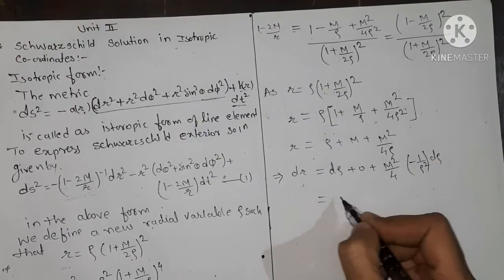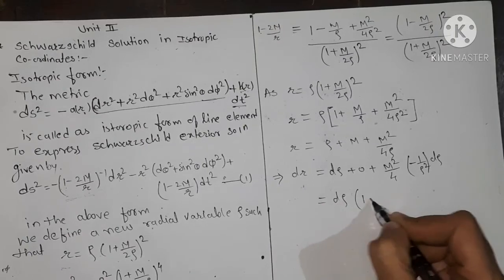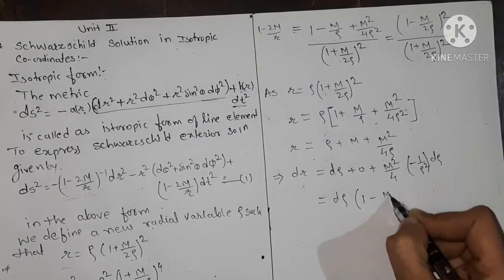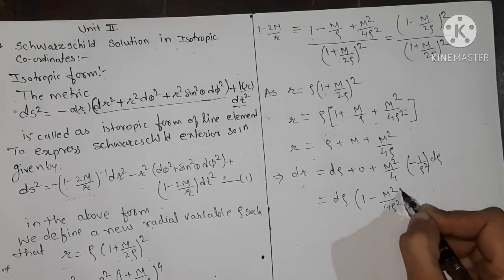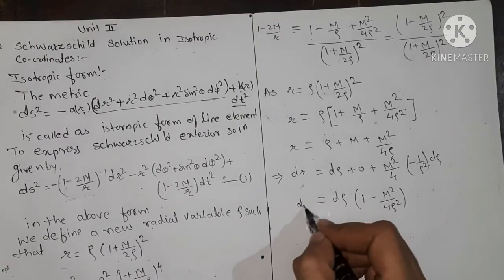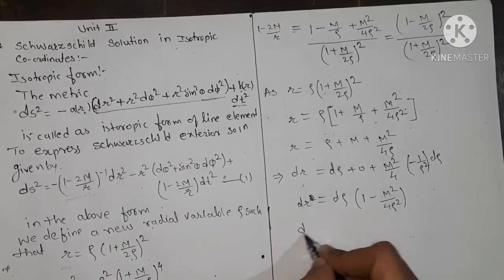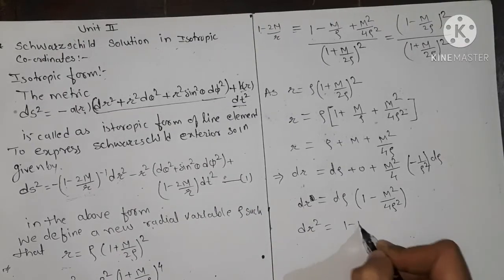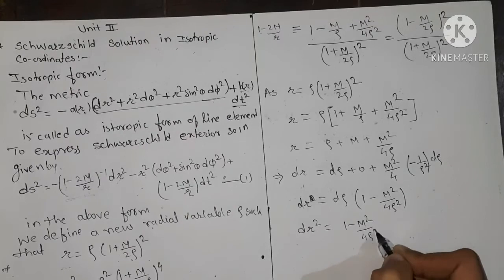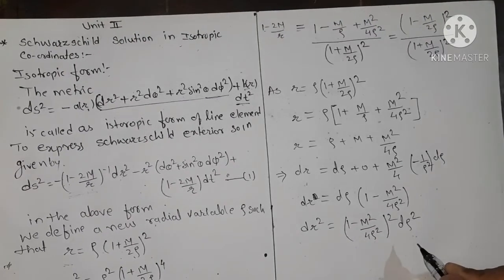Taking d rho common in the bracket, we have 1 minus m square upon 4 rho square, d rho. So this is dr. Now we want dr square. So dr square equals 1 minus m square upon 4 rho square whole bracket square, d rho square.